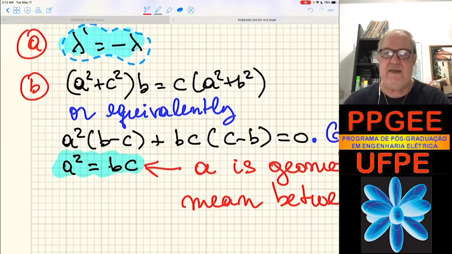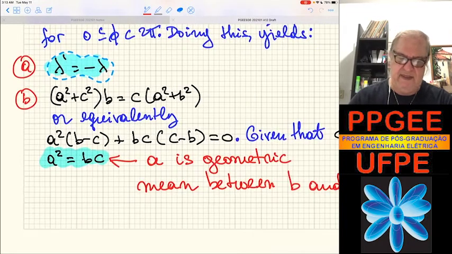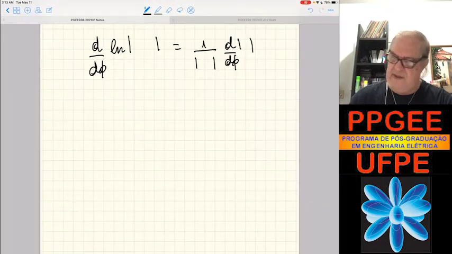We have a solution. We found the image charge, then we can calculate the potential. The potential is going to be simply the solution here, right?